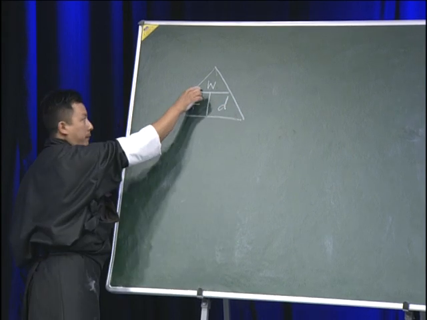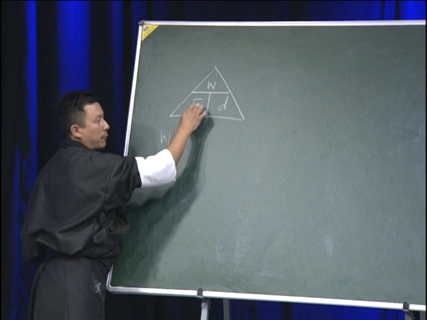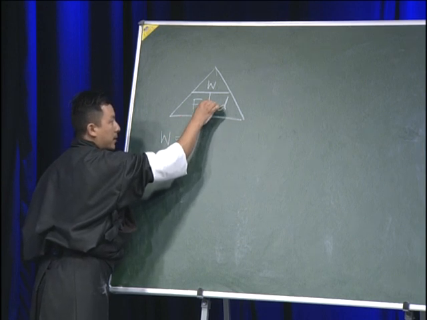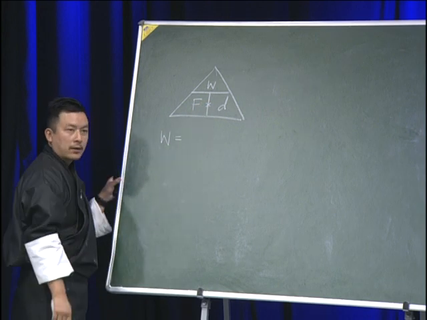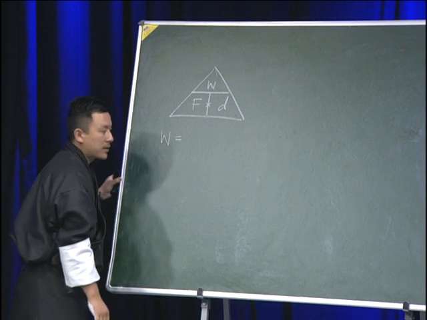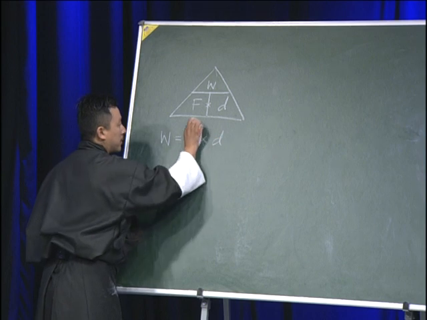If you want to find work done, that is W, you simply have to multiply force and displacement. So remember, the sign in between these two letters F and D, you keep it as a multiplication sign. So work is F times D.